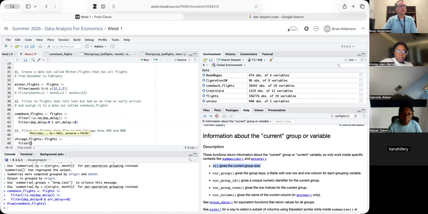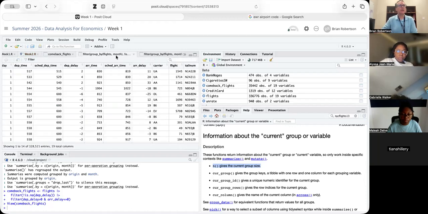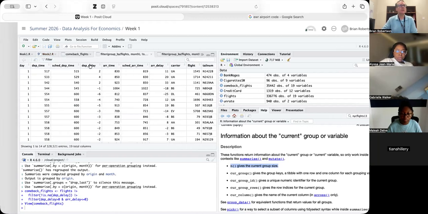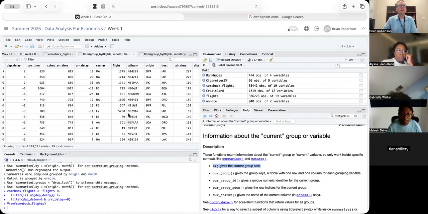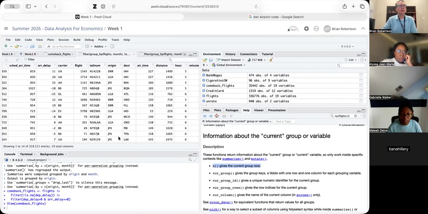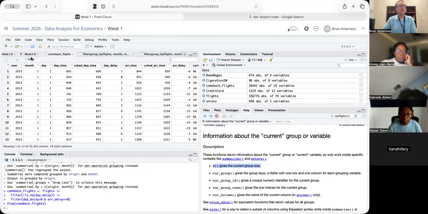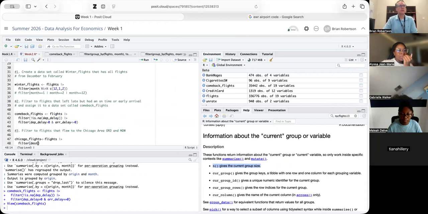And I'm going to do a filter. Let's go back in our data set here. Which one of these is the... so it's not origin, it's going to be destination. So dest. ORD, MDW.